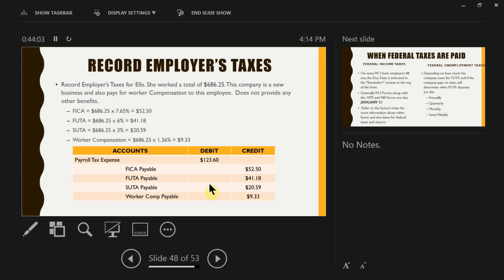Okay? And think about it, that was just one employee. We talked about figuring out their FITW. You also have to figure out what taxes you have to pay for having them as an employee. So think about it, twice the work per individual, and you have to do that for every single employee that works for your company.